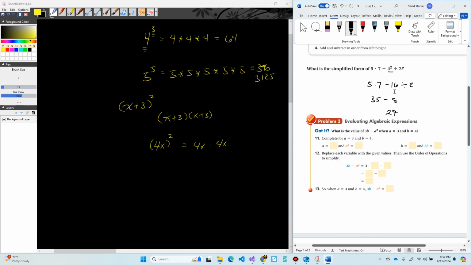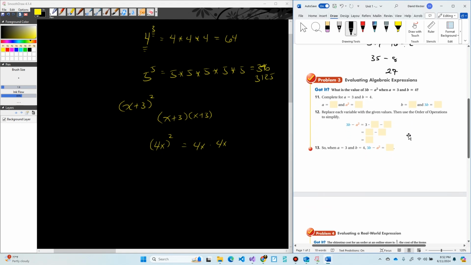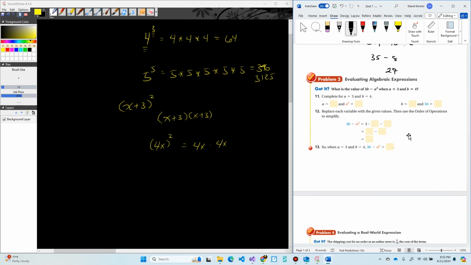If I have unknowns in here, then I can't really simplify this. So whenever you're told to simplify using PEMDAS and you have unknowns, you're going to be told what those unknowns are, or at least you'll have to solve for them, and you'll be given at least a half a chance to be able to solve for these unknowns.